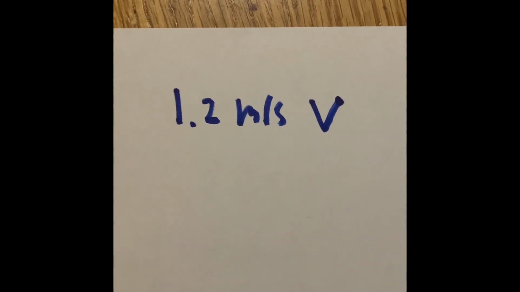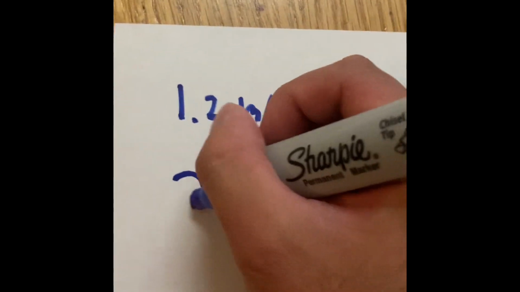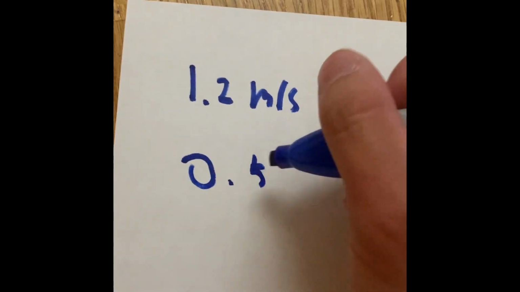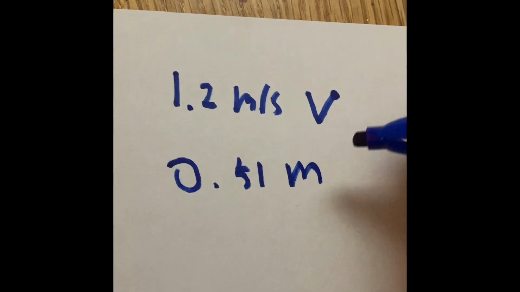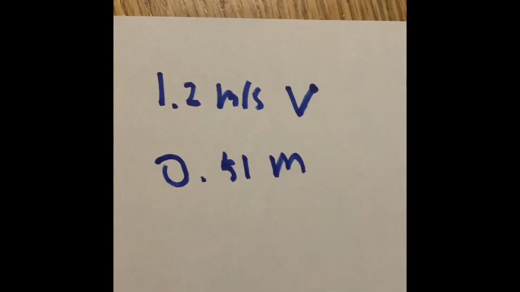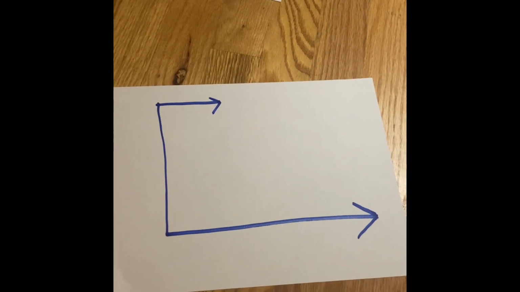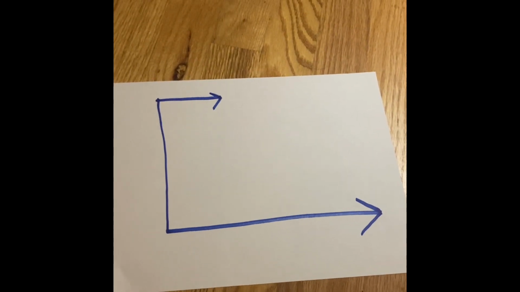The marble falls in a cup placed 0.51 meters from the table's edge, so we know the horizontal distance is 0.51 meters. Not only do we need these pieces of information, but we also need a graph to help us understand what we are juggling with, visually.